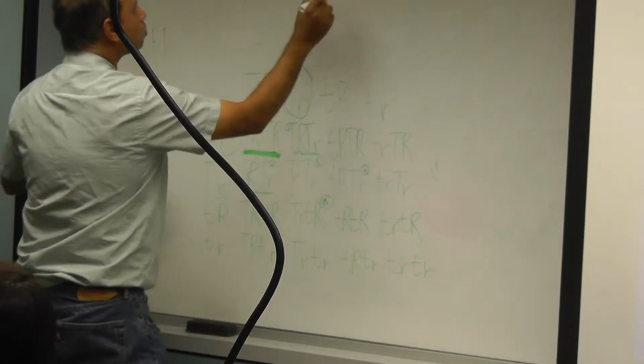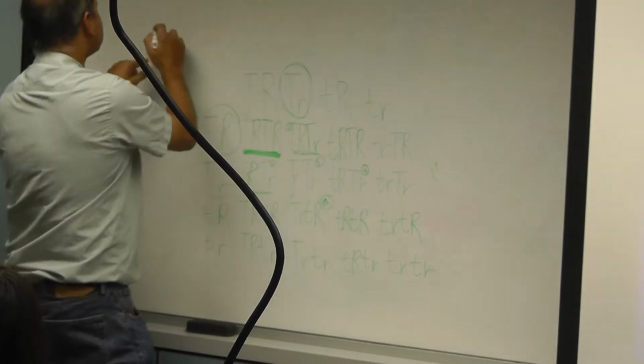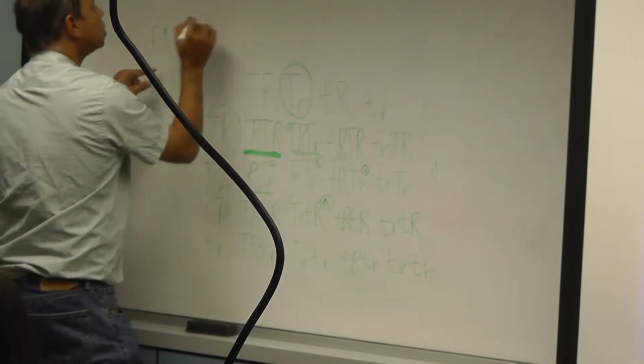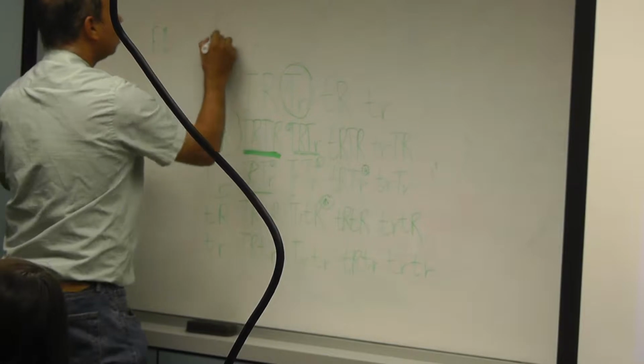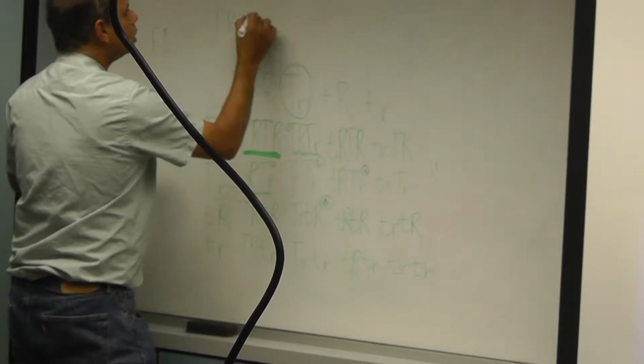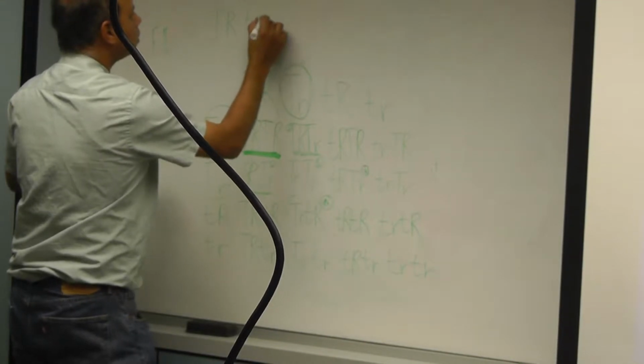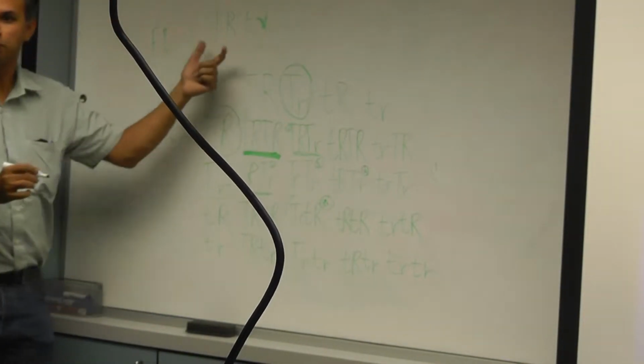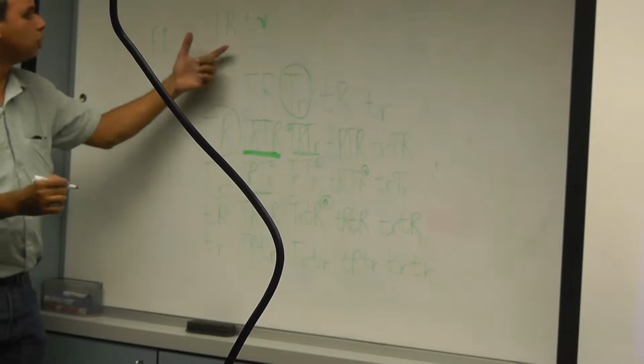In the first generation, what are the things you will get? You can get a TR, that's your basic unit.